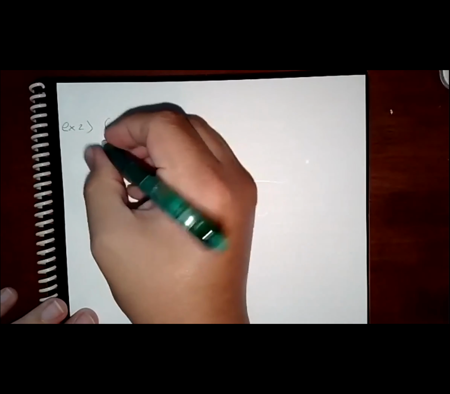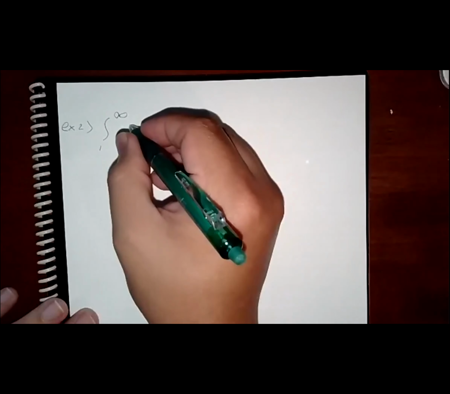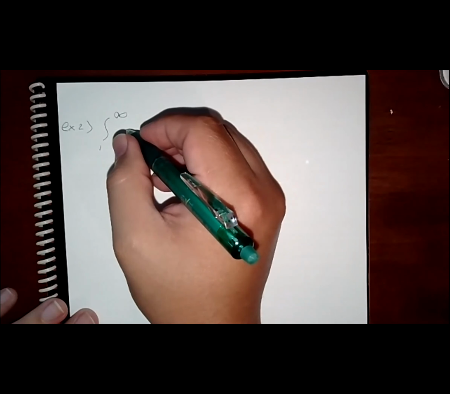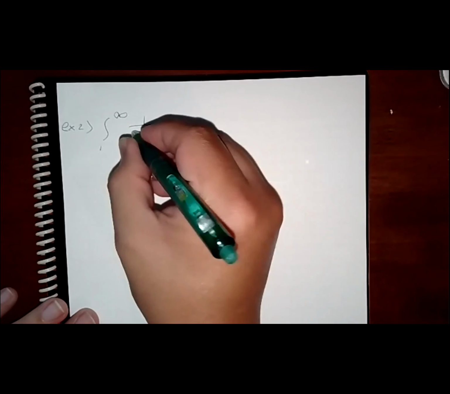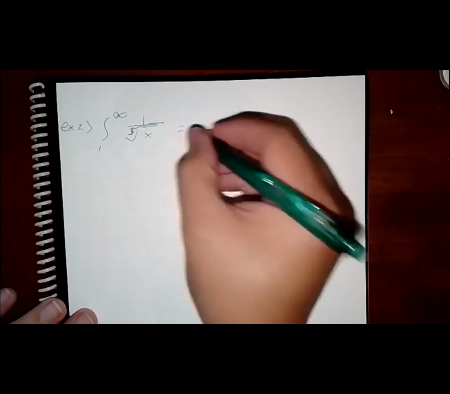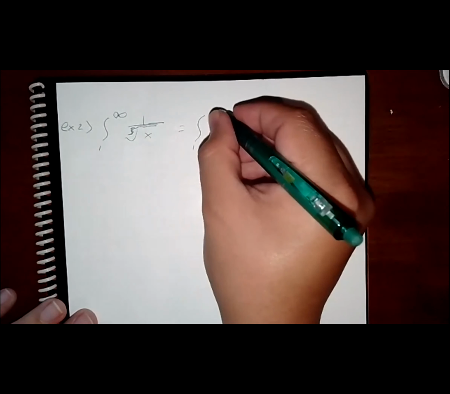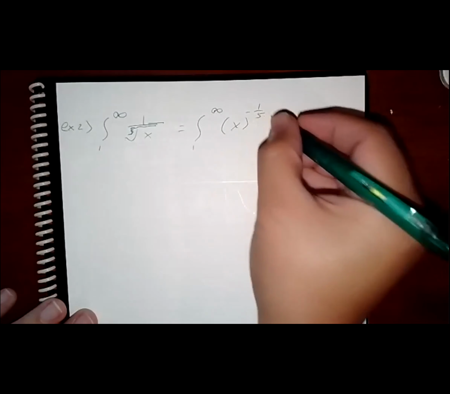So this time we're going to have 1 to, still 1 to infinity, but the function will be 1 over the 5th root of x, which will be rewritten as x to the negative 1/5 dx.